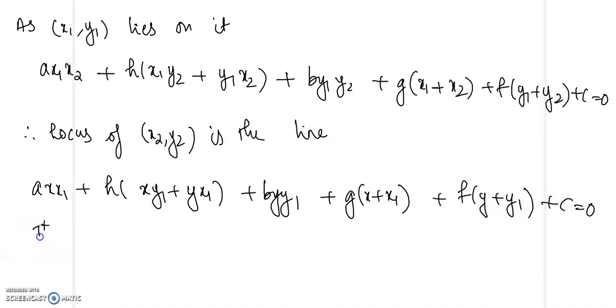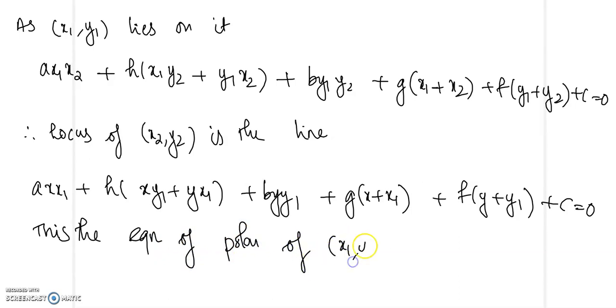So this is the equation of polar of x1, y1. So the equation of polar of x1, y1 is given by this equation.